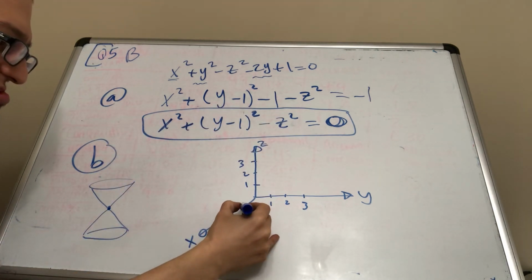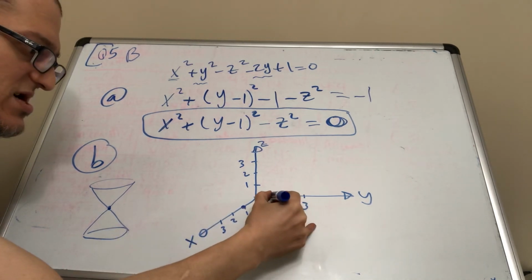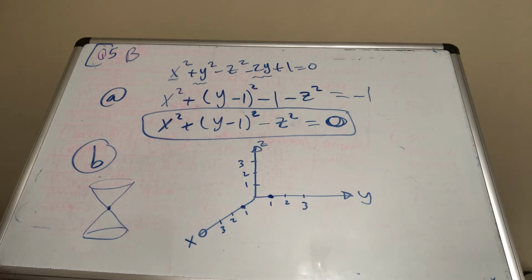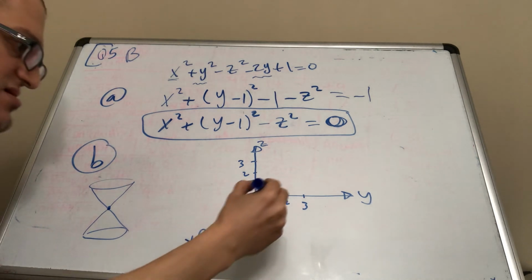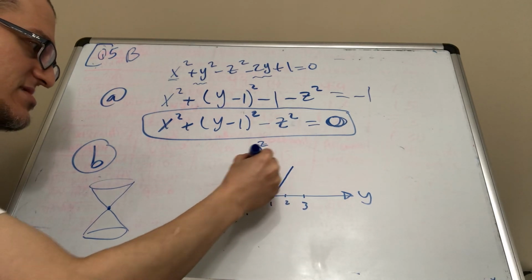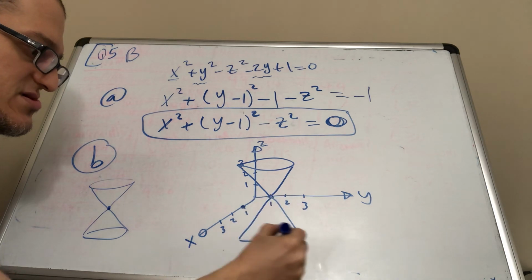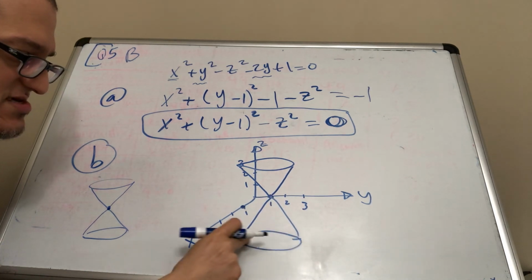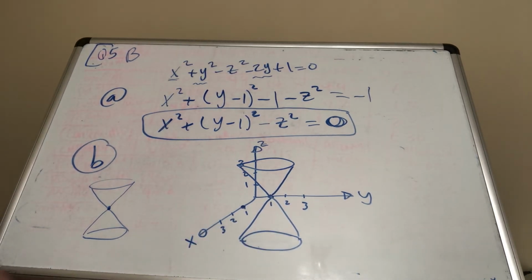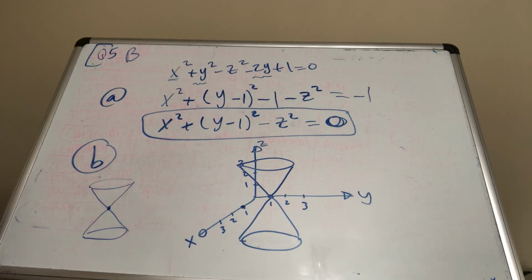So 0, 0, 1 in the y would be this one here. And then you have to do it like I told you. The detail of the pictures, or how to do this picture in 3D, I'm not so talented. All I know is that it's this shape and it will look something like this.